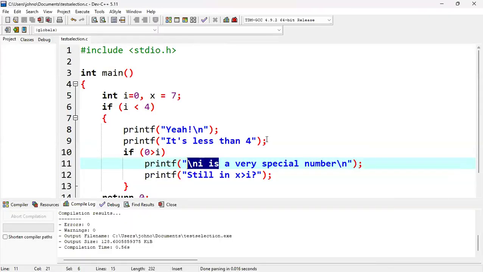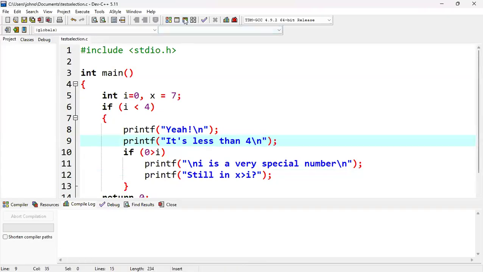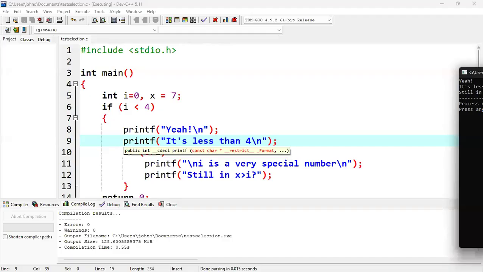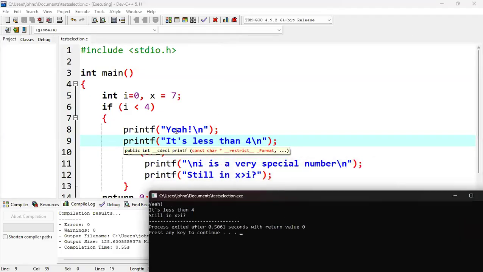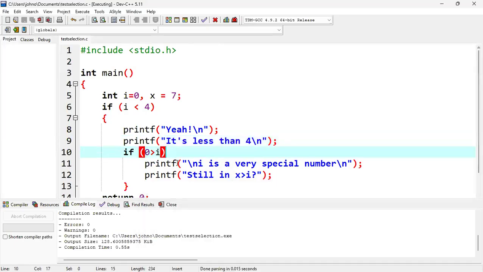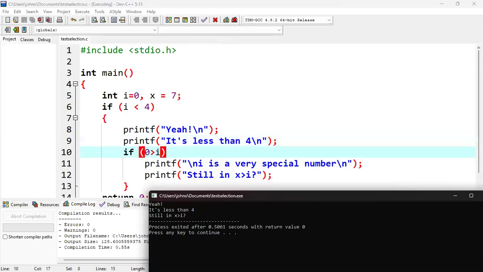All right, let's move this to a new line so that things are easier to identify. All right, can you see? It prints this, but because the condition here is false, it skips this, but it sees this as part of the previous statement.